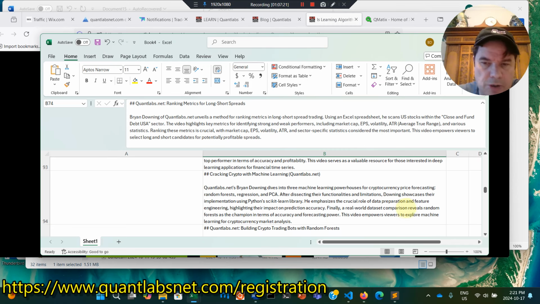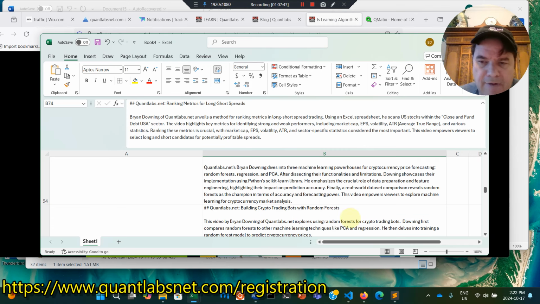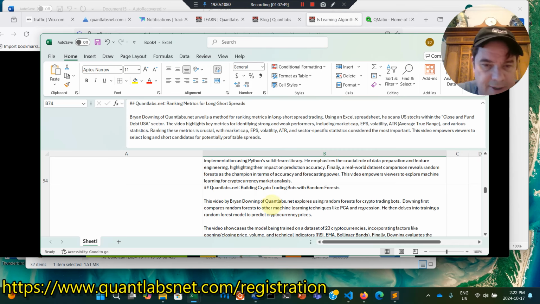Emphasizes the crucial role of data preparing and feature engineering, highlighting their impact on prediction accuracy. Real-world data set comparison reveals random forests are the champion in terms of accuracy and forecasting power. Viewers that want to explore this type of machine learning for analyzing cryptocurrency markets.